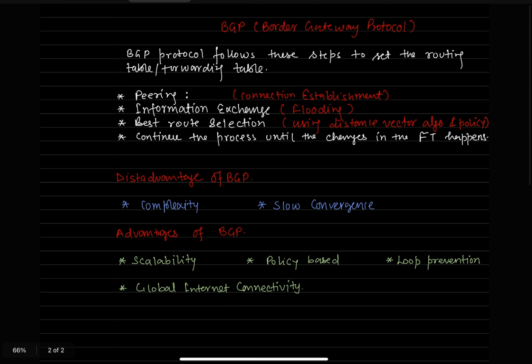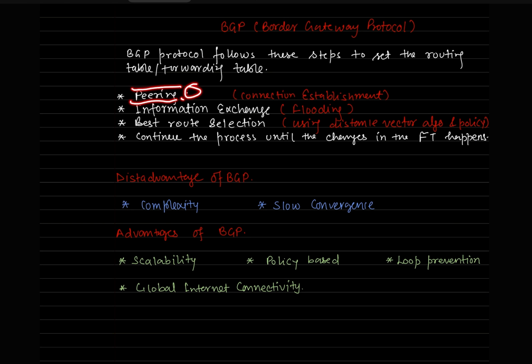The protocol which uses path vector routing is BGP. As we know, the protocol is more than the routing algorithm. So what are the key steps of BGP? First step is peering.